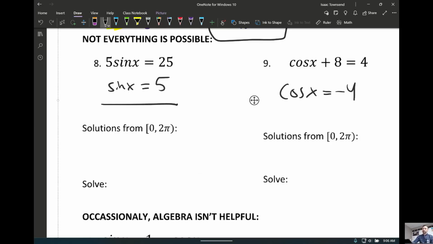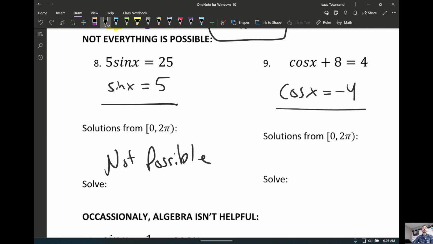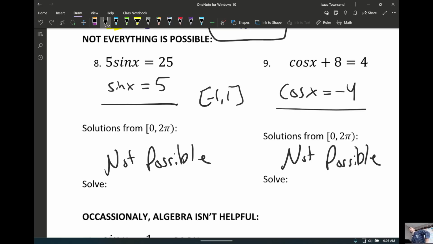Sine can never be bigger than 1. That doesn't make sense. Cosine could never be smaller than negative 1. Both of these exist from negative 1 to 1. If you think about their graph, they only go up so high and only go down so low. So don't kill yourself trying to solve something that doesn't solve.